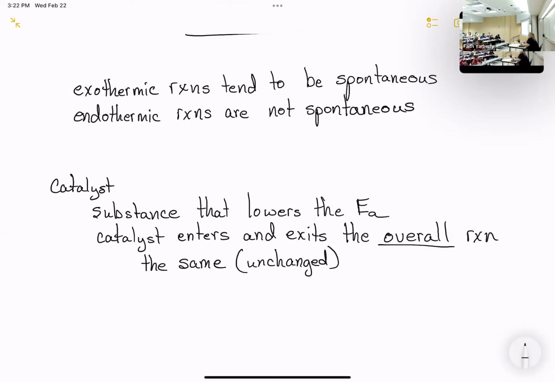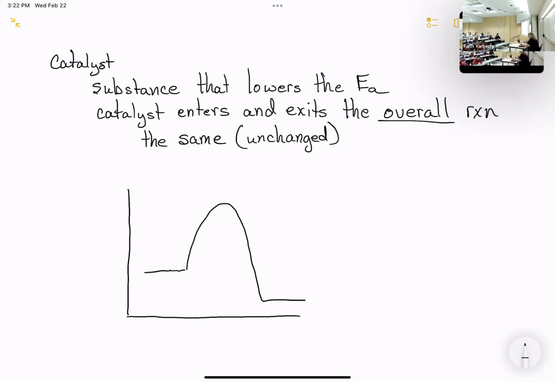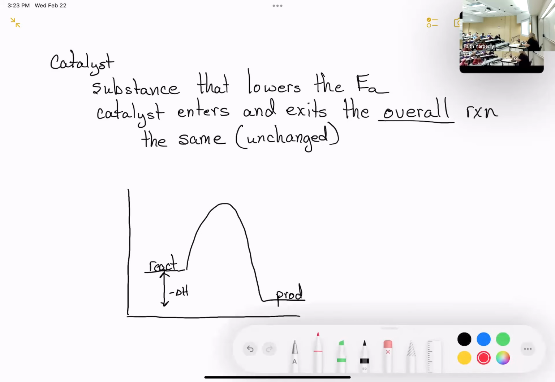Now, we can get a catalyst to do this in a variety of different ways. One, let's just take our example that I had just a moment ago, which was an exothermic process with a decent sized energy of activation as we went from reactants to products. Basically, what a catalyst would do is it would find an alternative path.